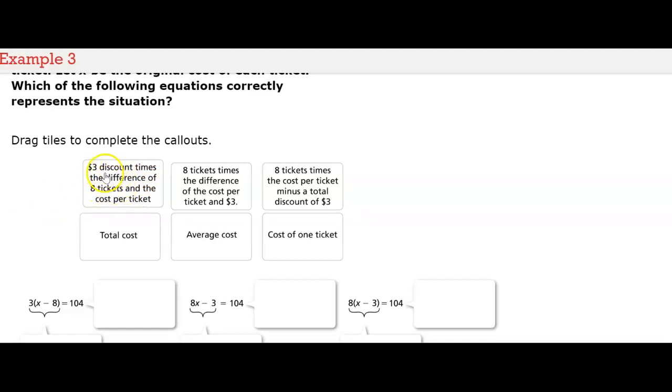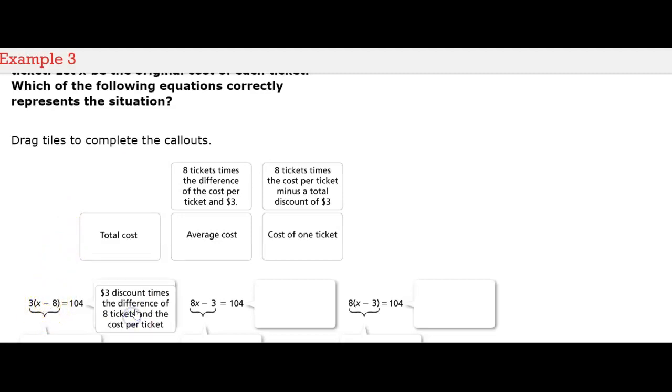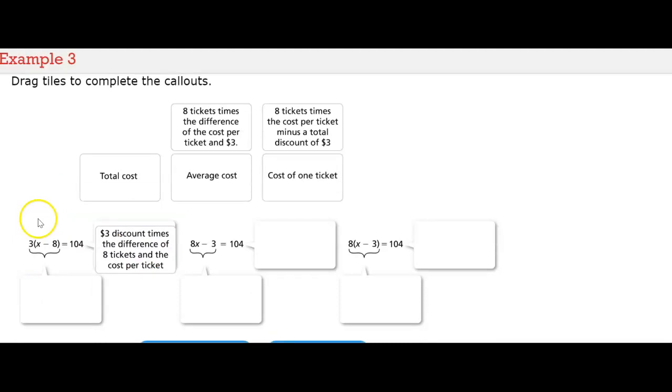So if we look at this very first equation, you have the 3 on the outside of the parentheses, and then you have x minus 8, which is the word difference tells us subtraction. So that looks like this could work. The cost per ticket. And let's see if that works. All right, it will just stay there, and we'll check it at the end.